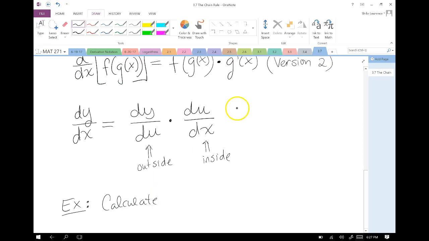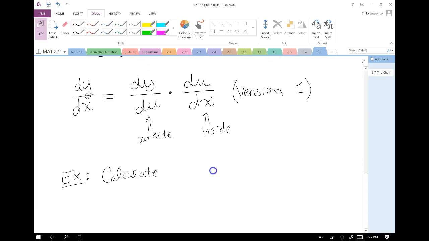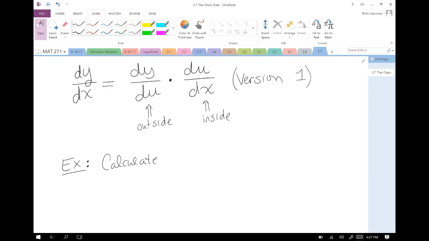And they call this version 1 of the chain rule. So if you see any reference to version 1, that's what they're talking about. Or even if you just see them using the letter U, that's what they're talking about.